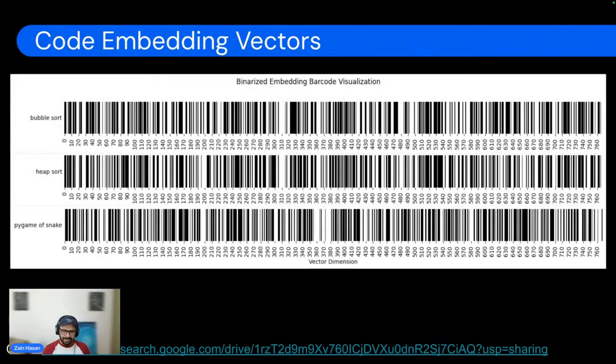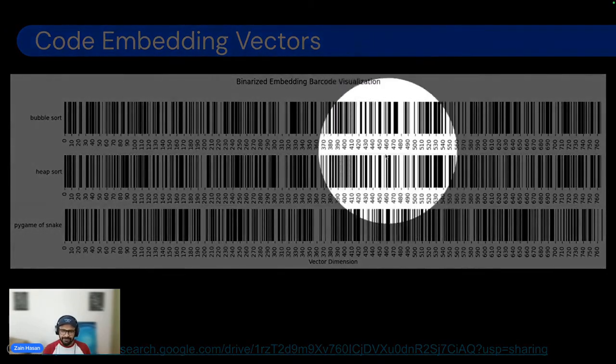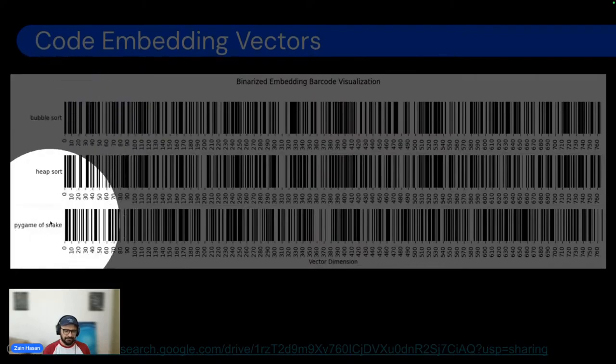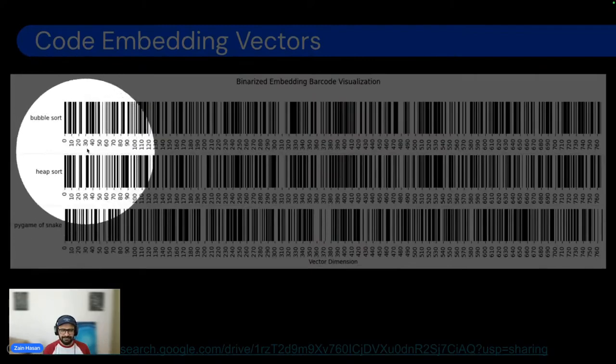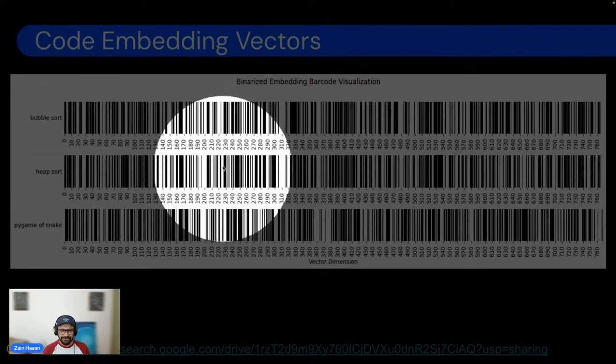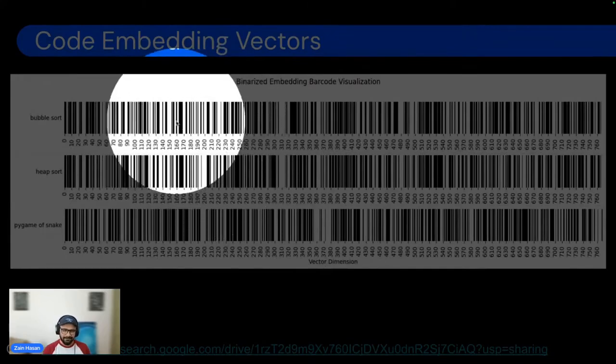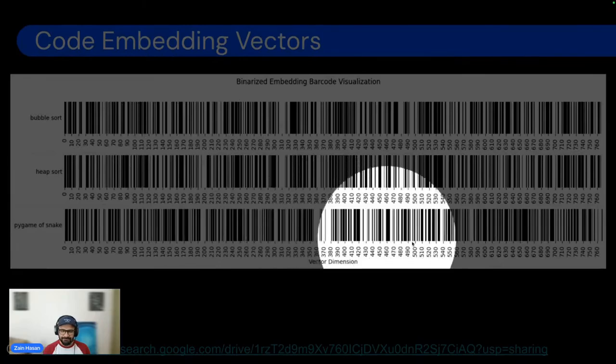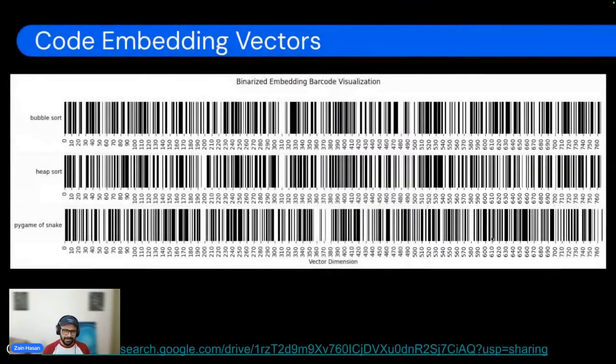Because heap sort is much more similar to bubble sort than it is to a Pygame implementation of Snake, I should be able to see some of the similarities between these vectors. If you squint, you'll see that the black lines co-occur with the black lines in these two, but they don't over here. You kind of see different patterns in the bottom. But it's a little bit difficult.